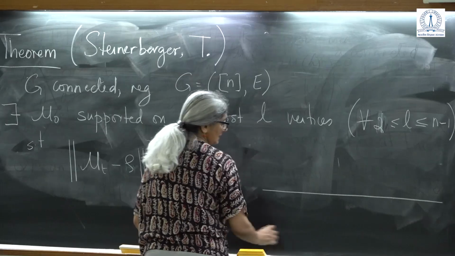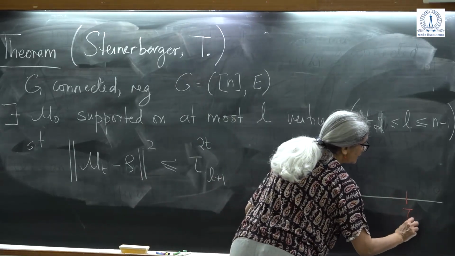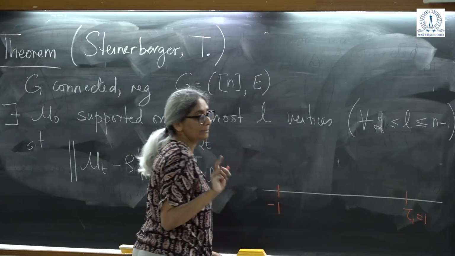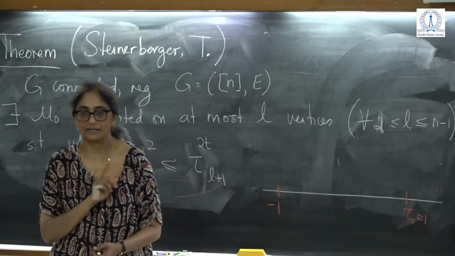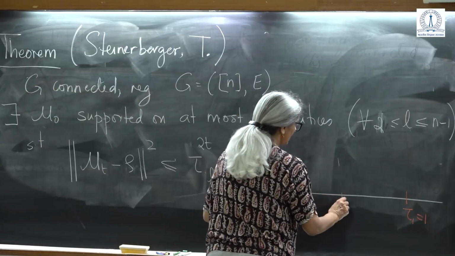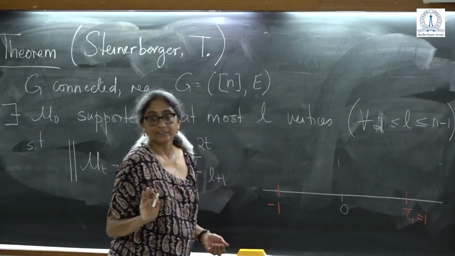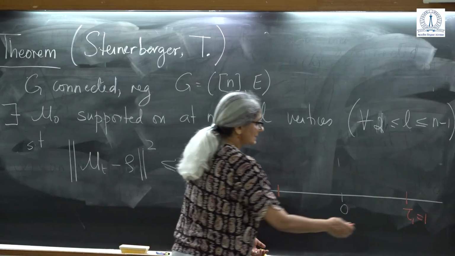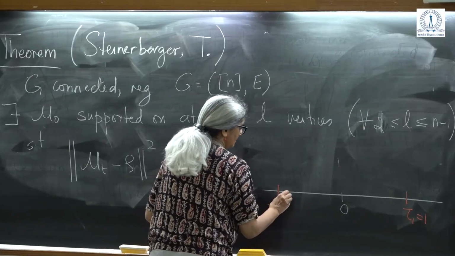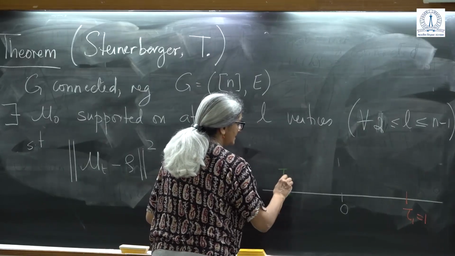the spectrum looks like this, right? Here is tau 1, which is 1, and then here is minus 1, which may or may not be an eigenvalue. And let's put 0 in the middle, which also may or may not be an eigenvalue. We don't know, okay? But this is the top one, and then typically the next one is maybe here. This could be tau 2.